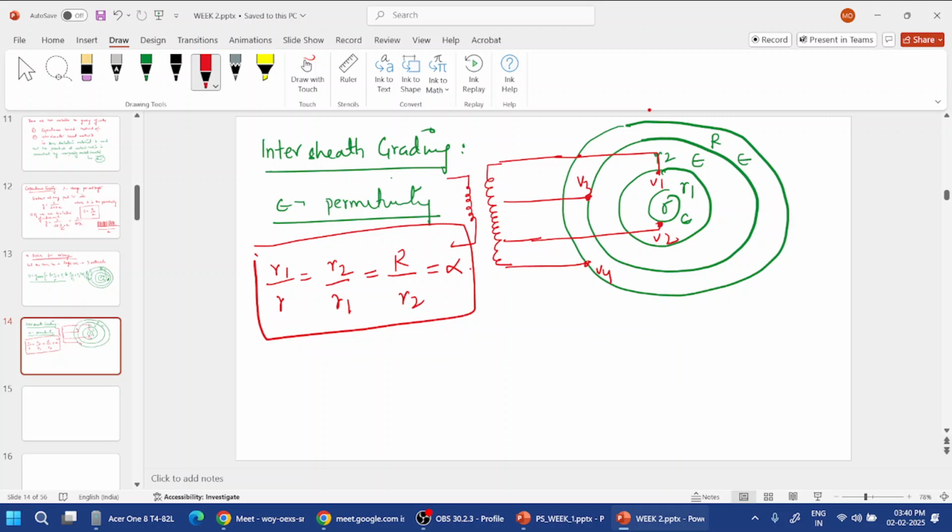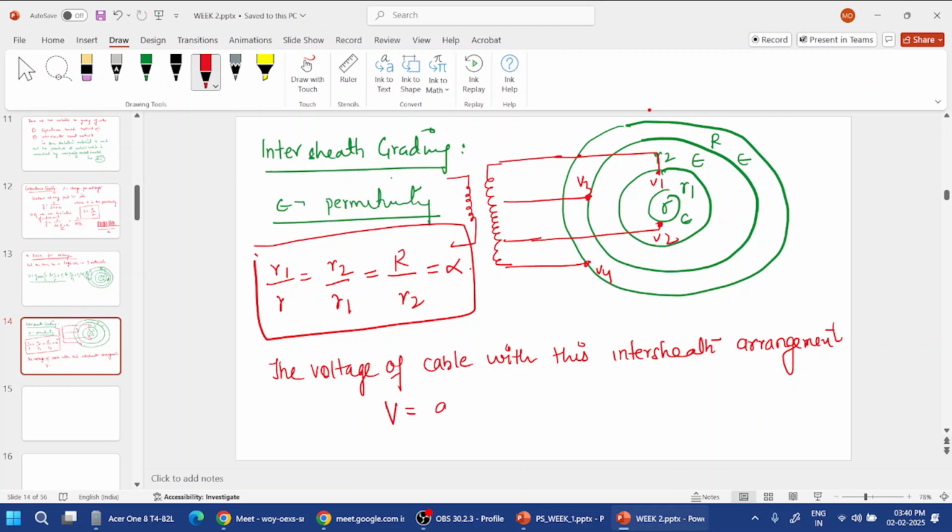So I'm going to write the final equation here. The voltage of the cable with this intersheath arrangement is given by V is equal to G max times r log R1 by r plus R1 log R2 by R1 plus R2 log capital R by R2.